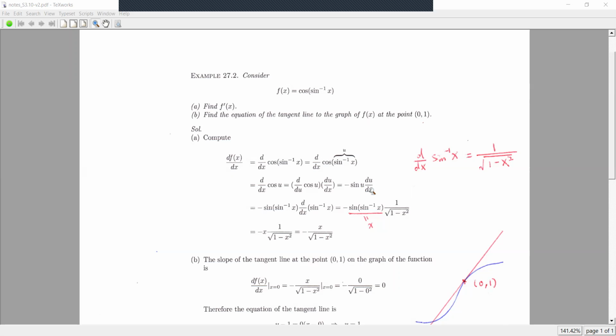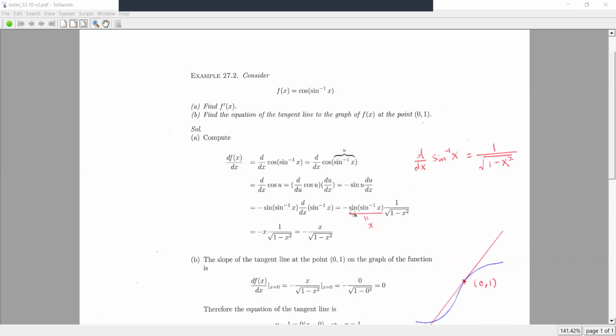Now remove u. Plug in inverse sine of x in the u here. Then I have this equation. Now for this derivative of inverse sine, by formula, it is 1 over the square root of 1 minus x squared. Then I have this equation.